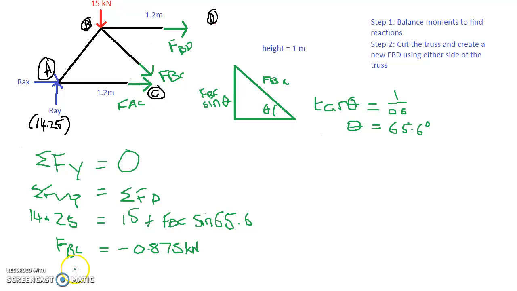So we can say, therefore, FBC is 0.875 kilonewtons of compression. I would write compression the whole thing if I had a pen, but I don't. I've got paint. Ugh. All right, let's move on.